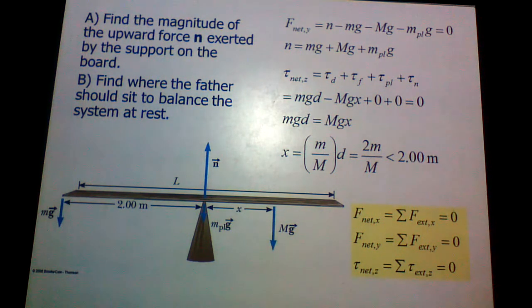So if I need the father to sit in a particular place for the system to be at rest, I know that I've already dealt with my forces. I need to think about what's going to make the seesaw start to rotate in either direction. So I'm thinking about torque then, if I'm thinking about the net torque.